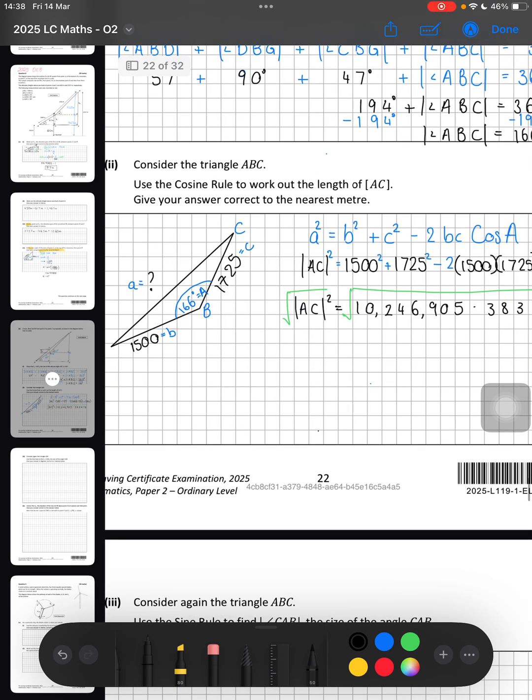So the length from A to C, when I square root that, is 3,201.078784. Now reread the question. It says give your answer correct to the nearest metre. So I'm going to round it to 0 decimal places, and I'm going to remember to write my units. They are metres. So 3201 metres there.